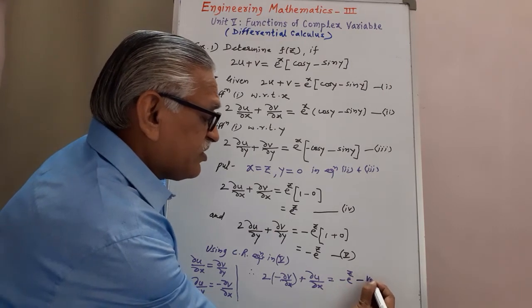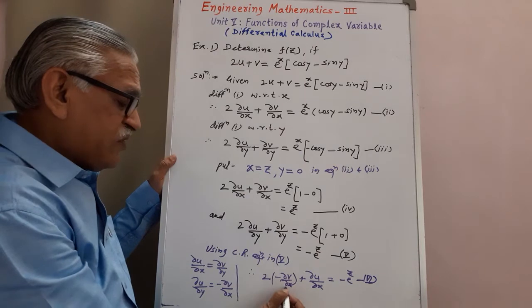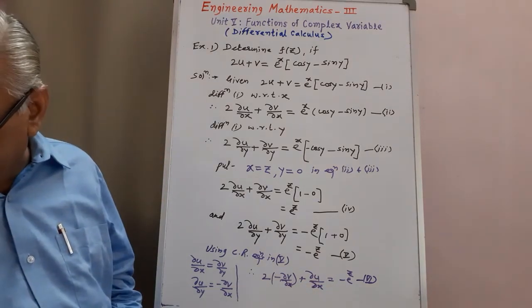We call this as equation number 6. Minus 2 dou v by dou x plus dou u by dou x is equals to minus e raised to z.